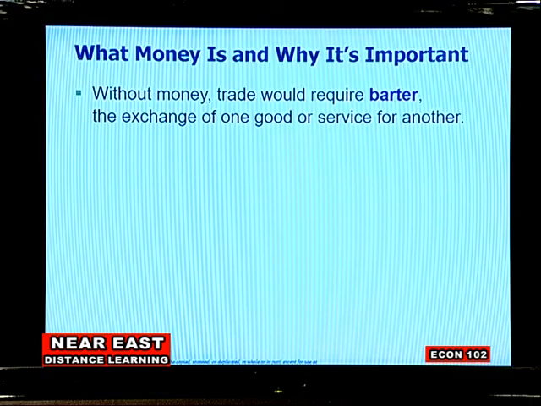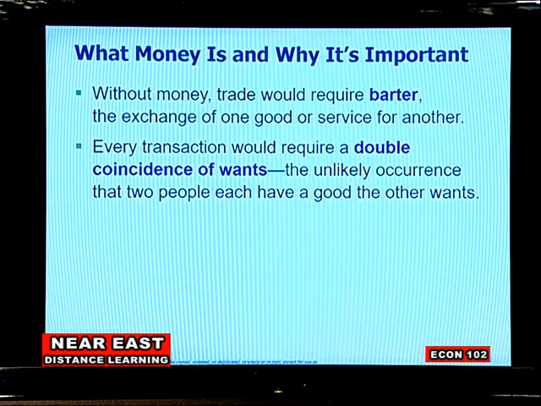Without money, trade would require barter exchange of one good or service for another, just like in the slides. It's trying to show that without money, the only way of doing transactions is through exchange of one good for another. Then every transaction requires a double coincidence of wants.